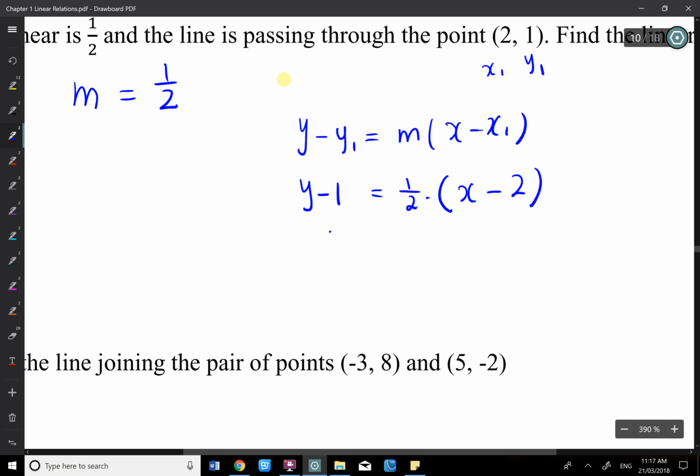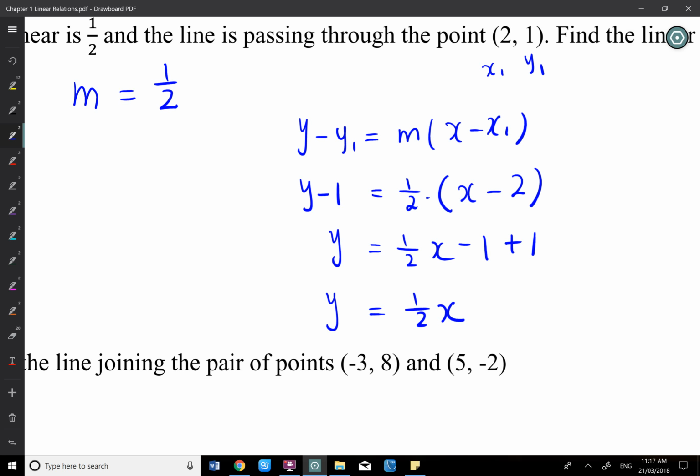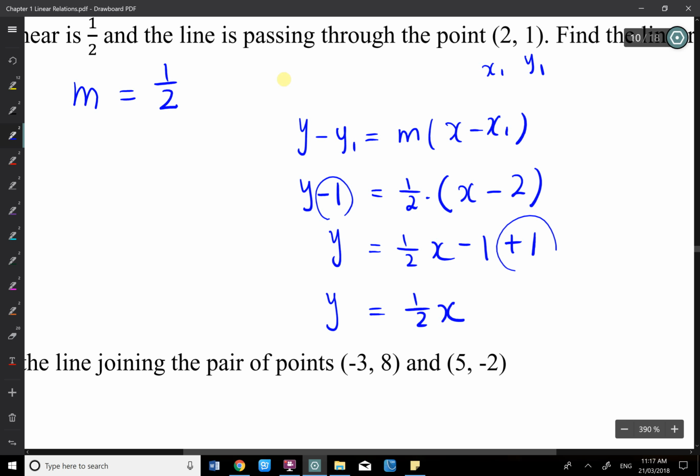And we can rearrange it. y equals a half x minus 1 plus 1. y equals half x plus it. So this 2 is by extension, and then the 1 plus to that side.